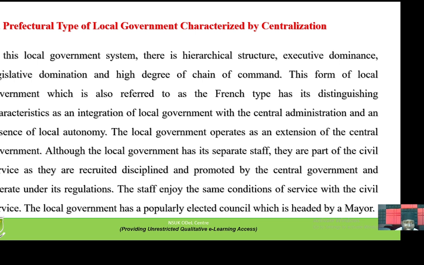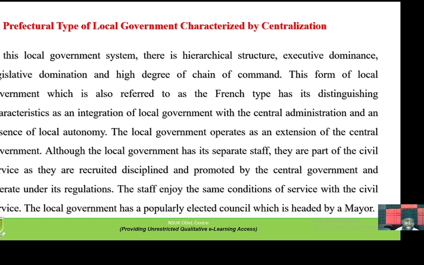The prefectural type of local government is part and parcel of the central government. The civil service are an extension of the already existing central government. So in this system, it is not autonomous and not independent, but rather an extension of an existing central system of government. And that's why we call it the prefectural type of local government.